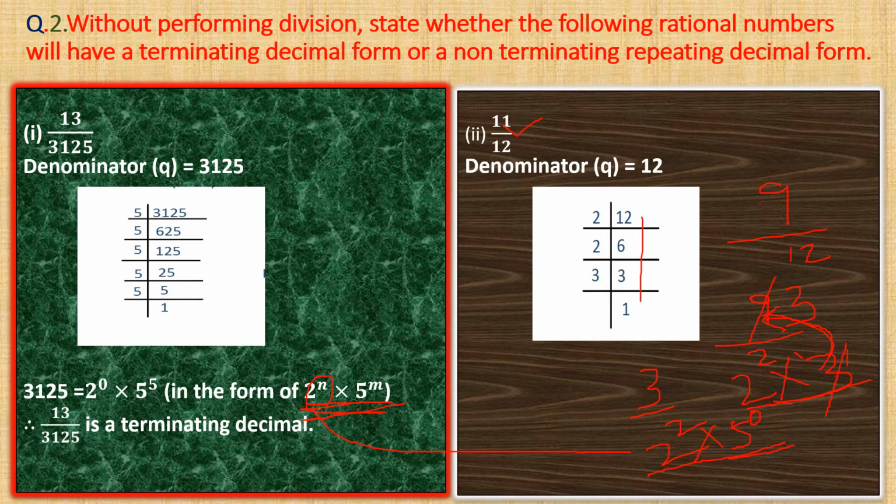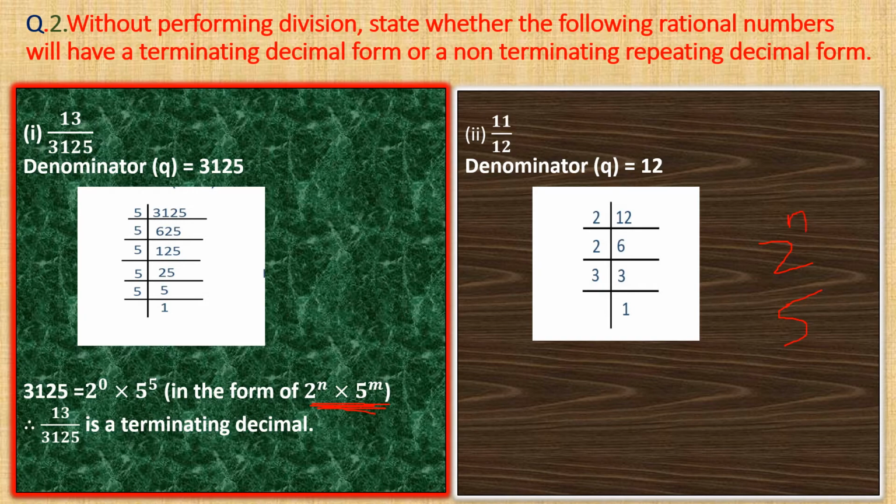Understood? So simply I'll tell you, the denominator should be 2 power n into 5 power m, means in the denominator only 2 and 5 should be there, or only 2 should be there, or only 5 should be there, or together they can be.